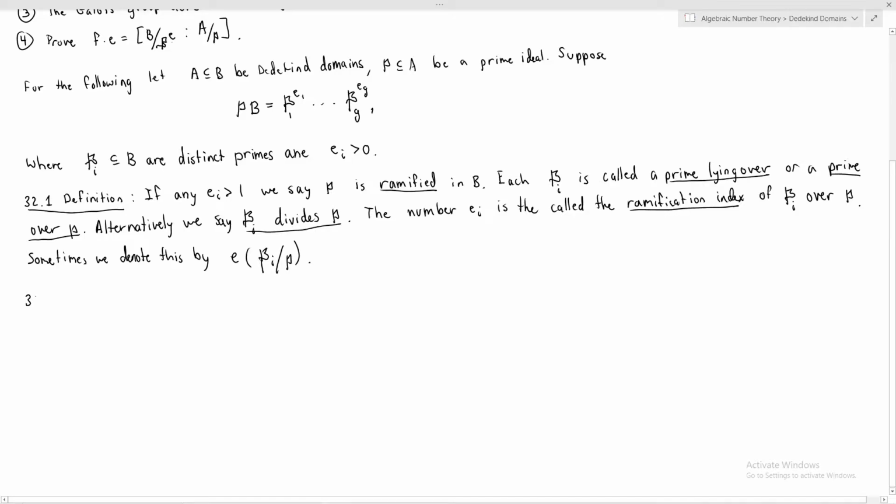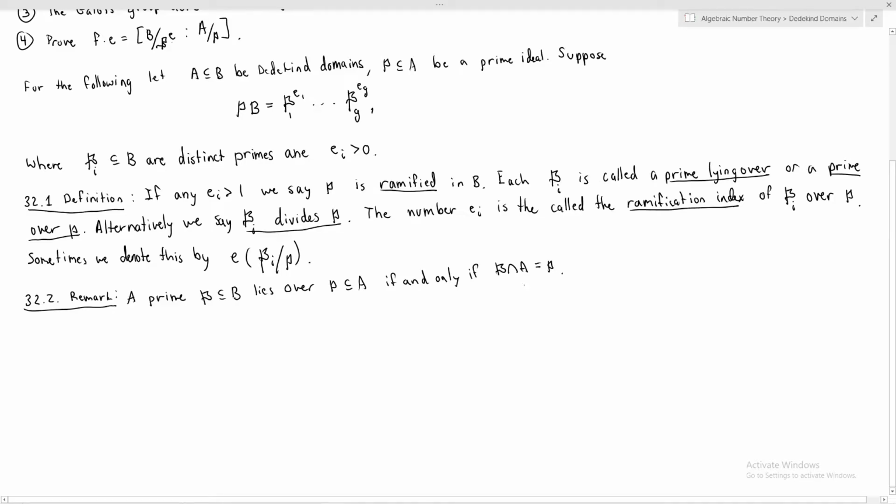First, let me make the following remark: the prime big P in B lies over a little prime p in A if and only if P intersect A is little p.